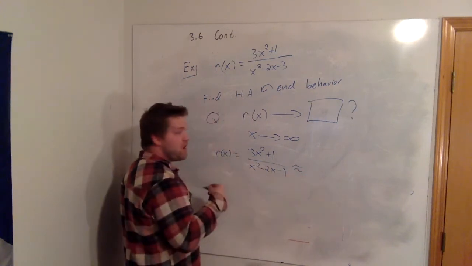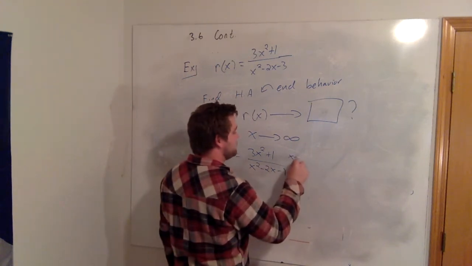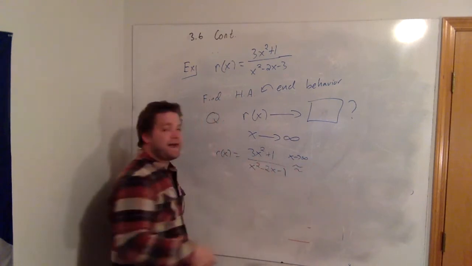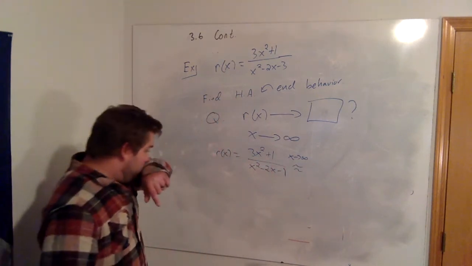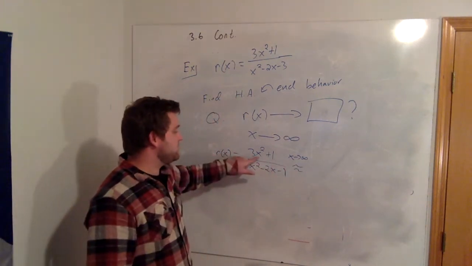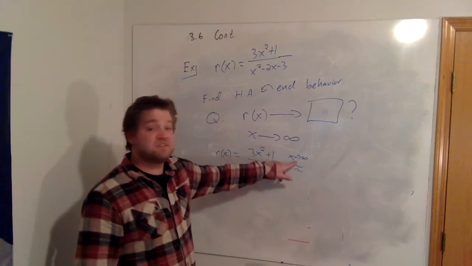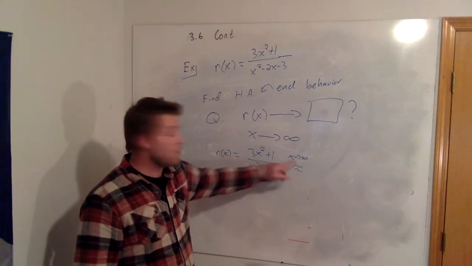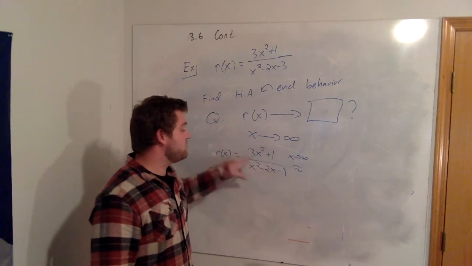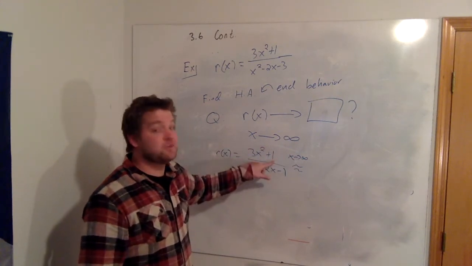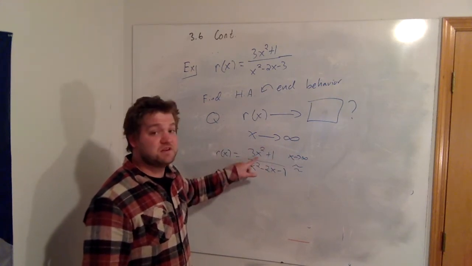So I'd like to say that this will be approximately equal to, when x goes to infinity, well, what's going to happen? Well, remember, as x is getting really big, the function 3x squared plus 1 is approximately just going to be the same as its leading term.